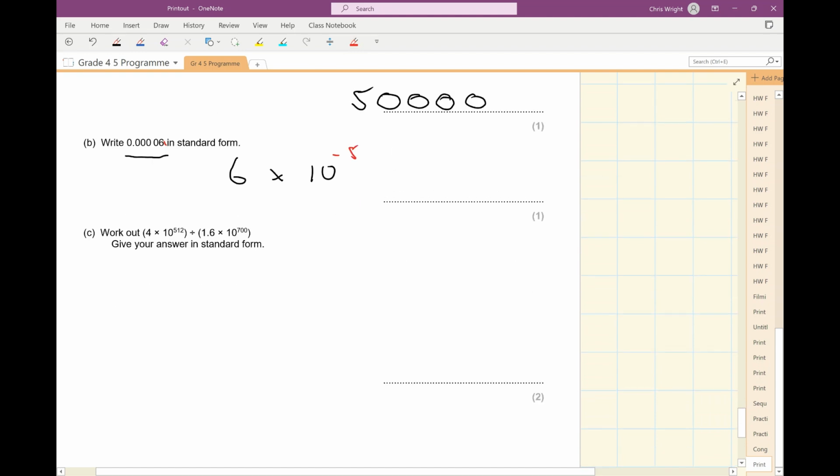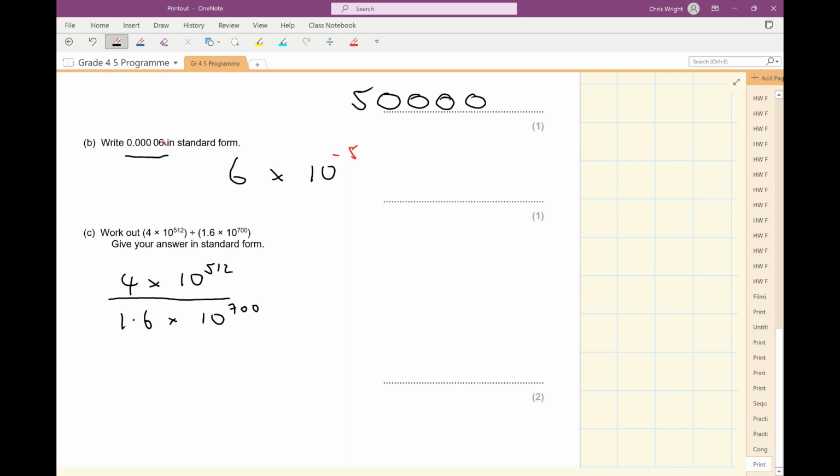Now what about this one? Work out 4 times 10 to the power of 512 divided by 1.6 times 10 to the power of 700. We're ending with a very tricky grade 5 question here. We're going to have to do the 4 divided by 1.6, which gives me 2.5.